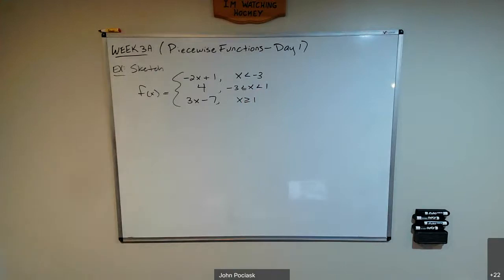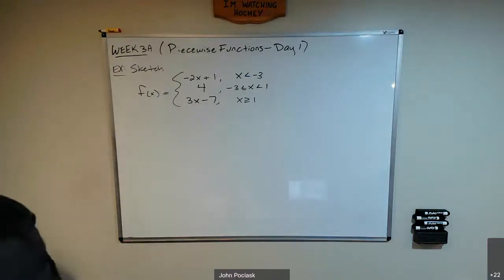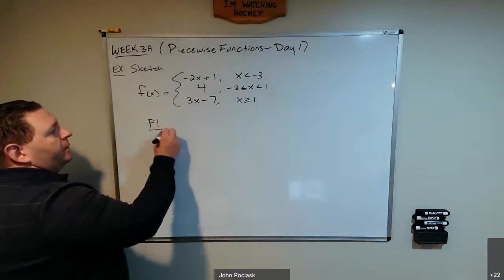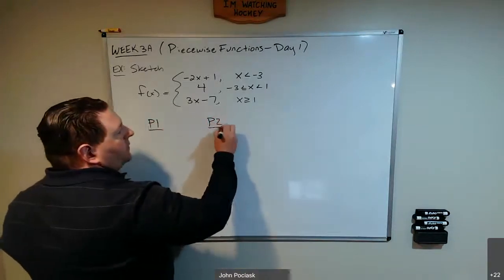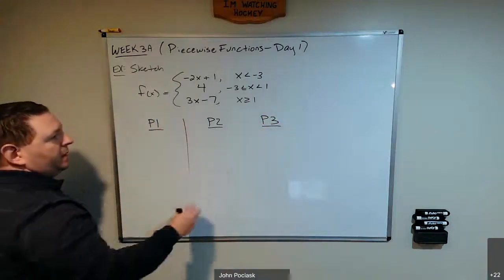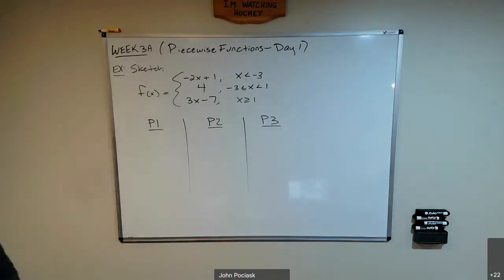Now, when you're doing a sketch, there's a lot of information you have to gather. This is not going to be a quick problem. I'm going to have 3 sets of information. Okay, give yourself some space. You're going to have information for piece 1, for piece 2, and for piece 3.